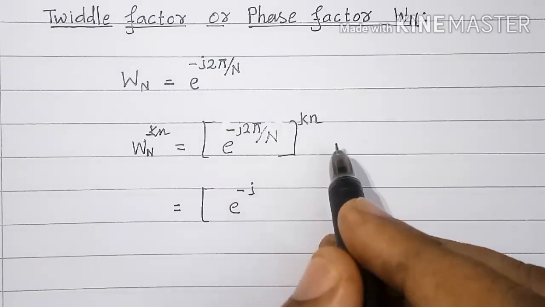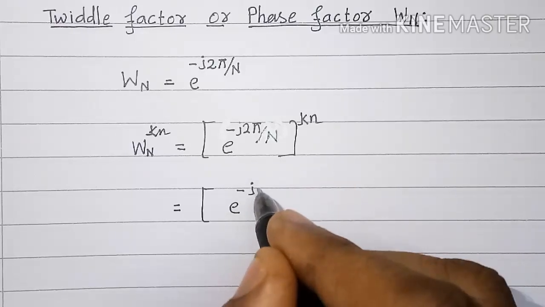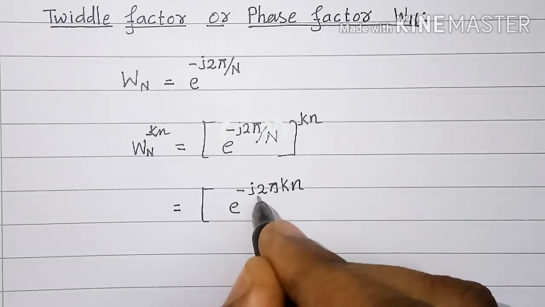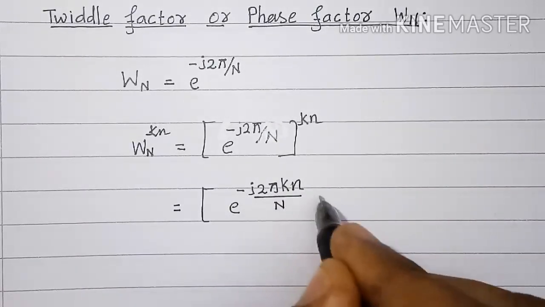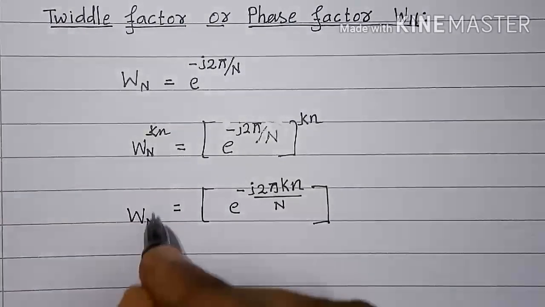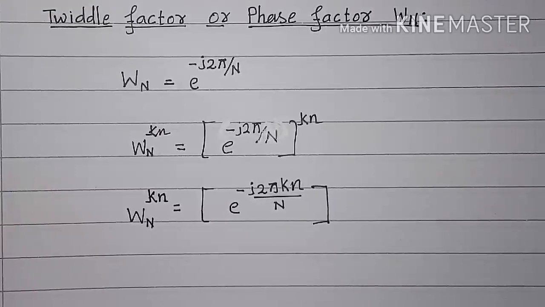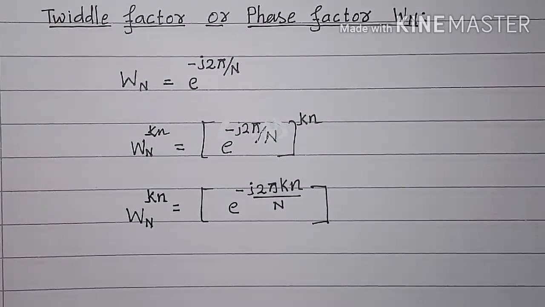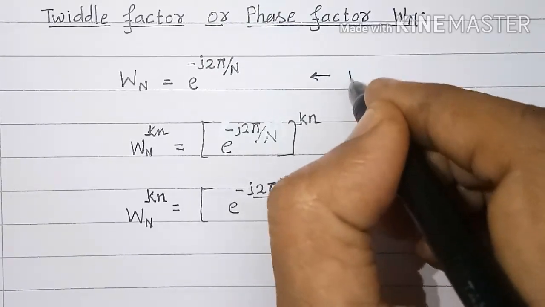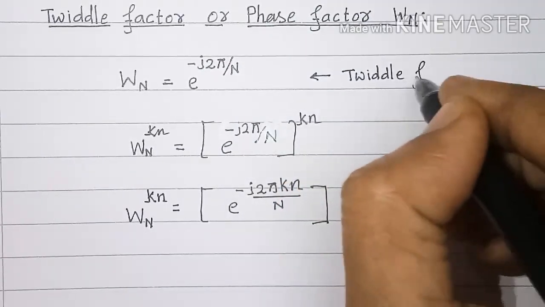By using laws of exponents, which I have taught in the very first class, this is e raised to minus j 2 pi kn upon capital N. Here Wn is nothing but the twiddle factor.